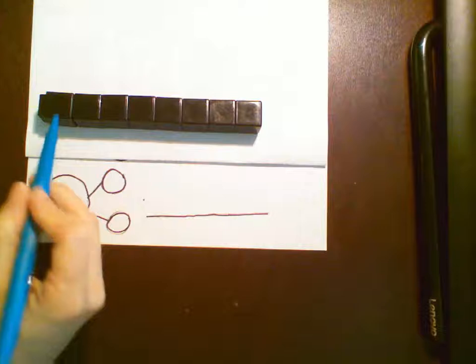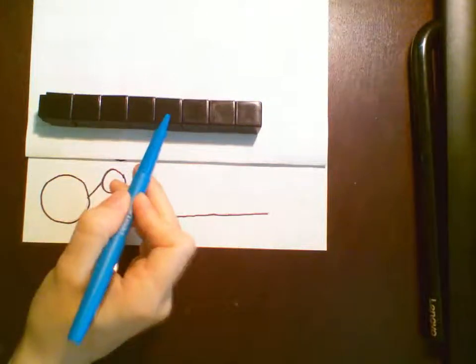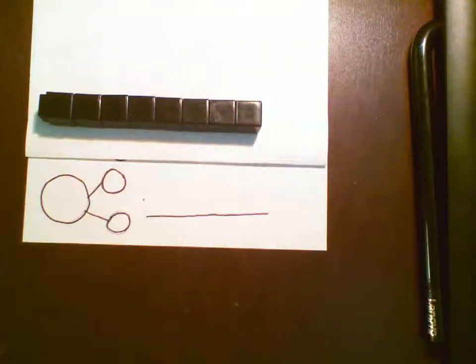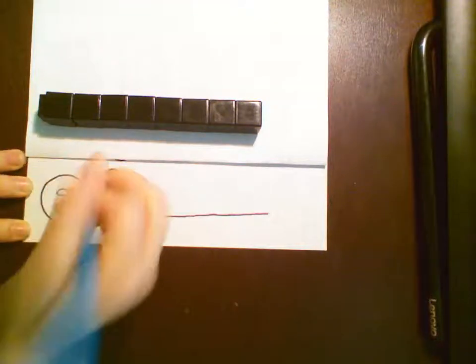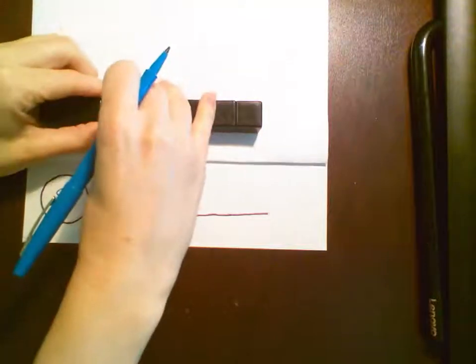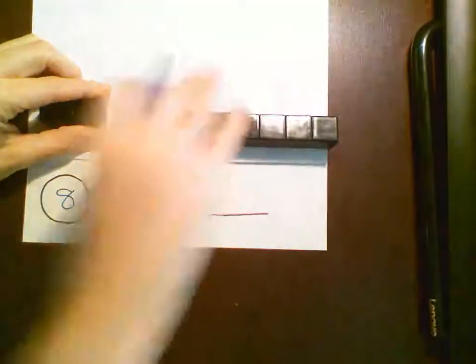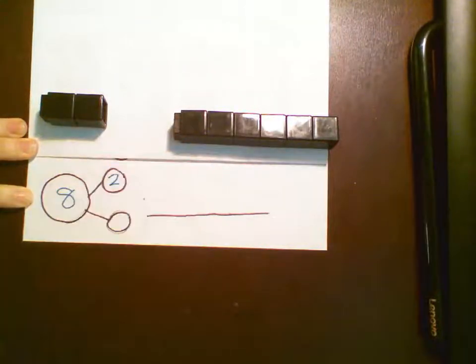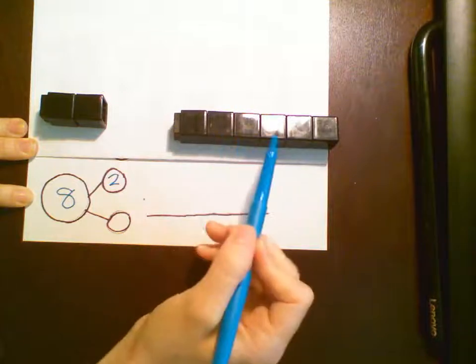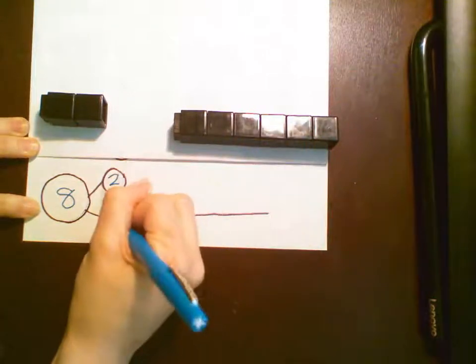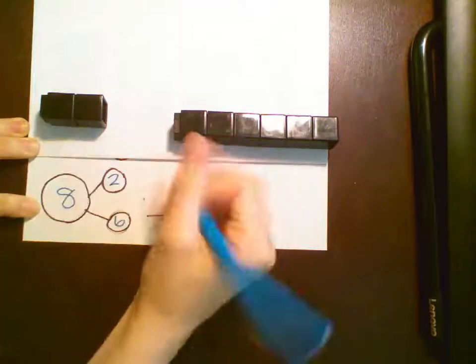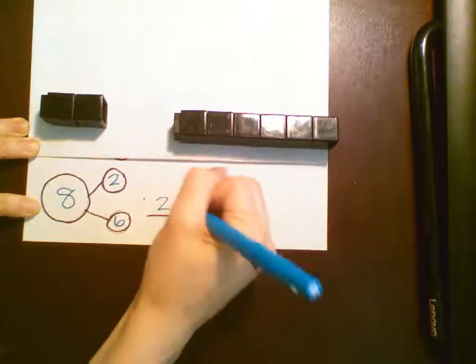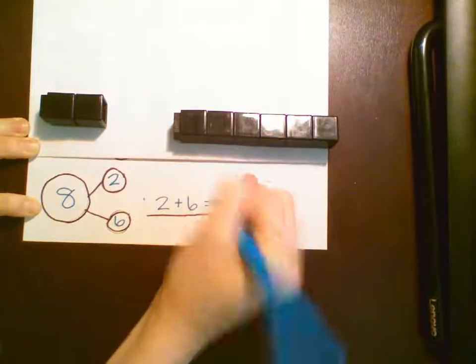Here's our whole. 1, 2, 3, 4, 5, 6, 7, 8. Let's break it into two parts. One part has 1, 2. Another part has 1, 2, 3, 4, 5, 6. Part plus part, 2 plus 6 equals whole, and my whole is 8.